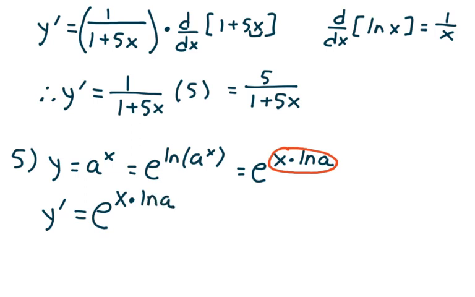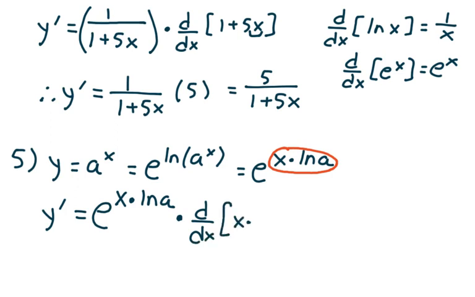Because remember that the derivative of e to the x with respect to x is e to the x. So I'm taking e raised to the inside function, which is x times natural log of a. But remember, I have to take that quantity and multiply by the derivative of x times natural log of a. Now, don't get thrown off by that because natural log of a is just a number. Okay?